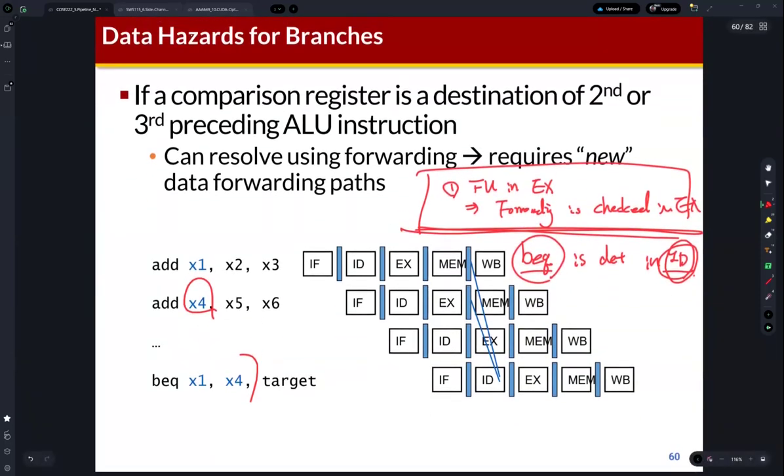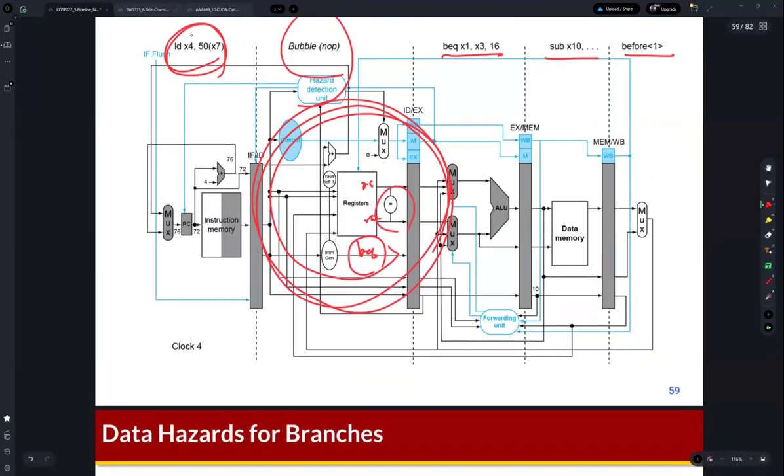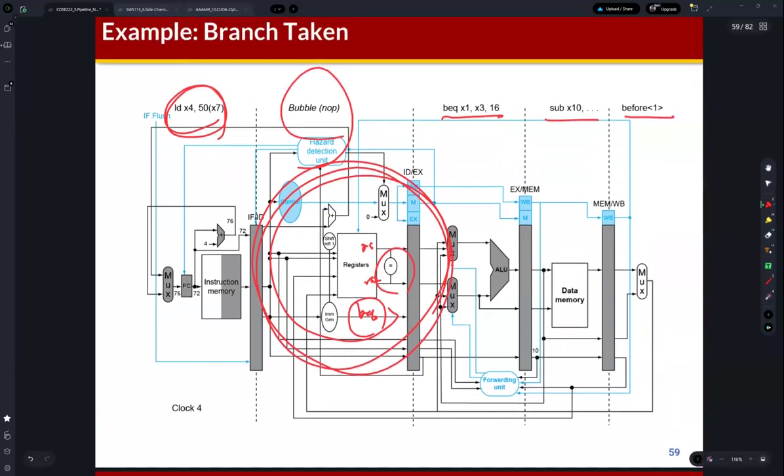If you read the textbook, you can also find the equality check logic. The starting point is that we need to determine the result of a branch instruction early and earlier, in order to reduce the performance drops by control hazard.